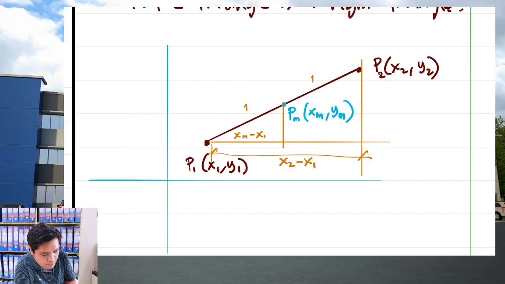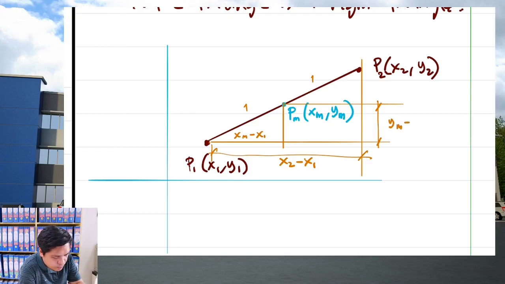Same as here. If I extend this, ganyan, okay, this distance is the change from y1 to ym. So this is ym minus y1. Now this distance is equal to y2 minus y1.